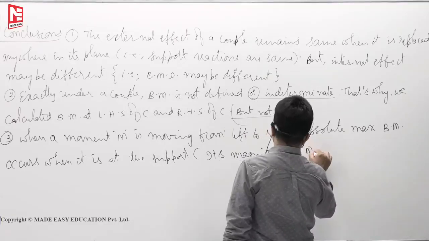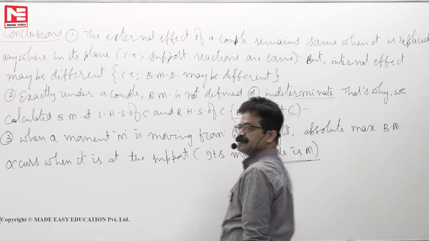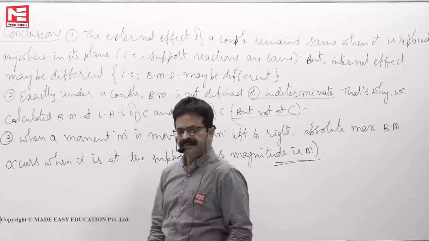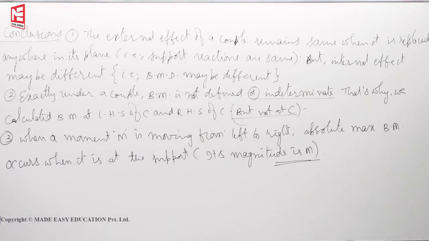Its magnitude is M. Absolute maximum positive bending moment magnitude is M. Okay.